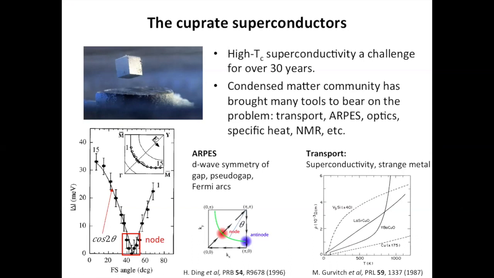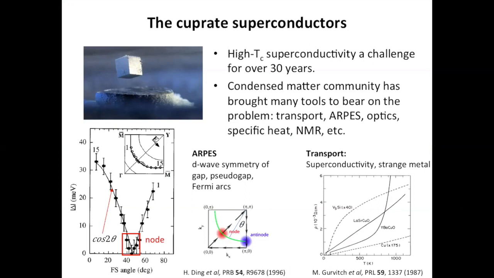And in the condensed matter community, there have been a lot of tools used to tackle this problem. The spirit of this talk is that in cold atoms, we'd also like to develop a diversity of tools which we can use to study these systems.